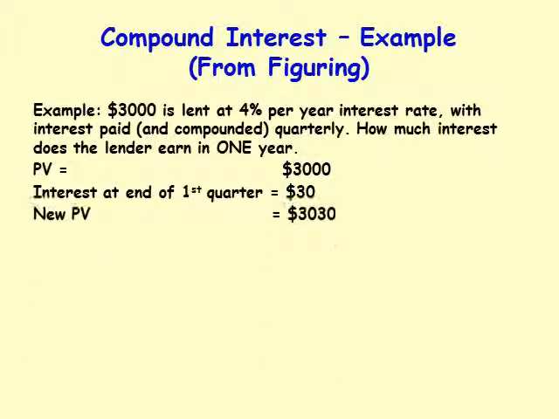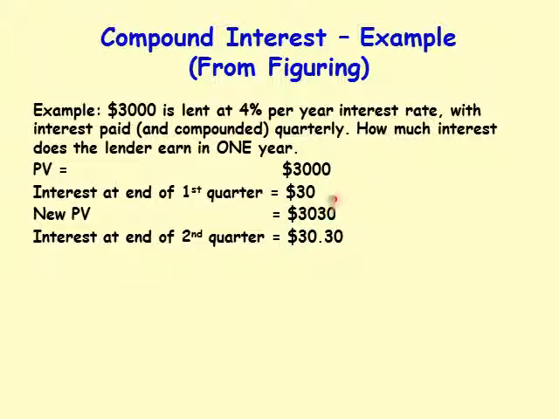Now the principal value at the end of the first quarter is $3,000 principal and $30 interest. We add the interest to the principal, and now the new principal value is $3,030. Interest for the second quarter would be 1% of $3,030, which would be $30.30.